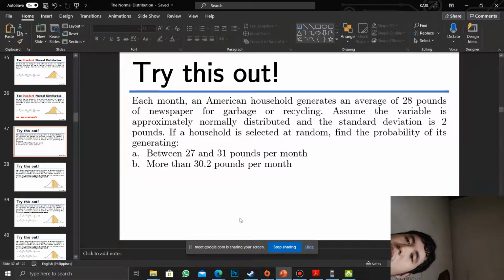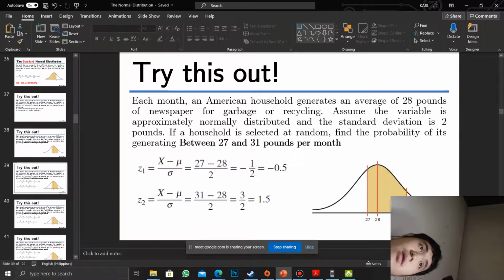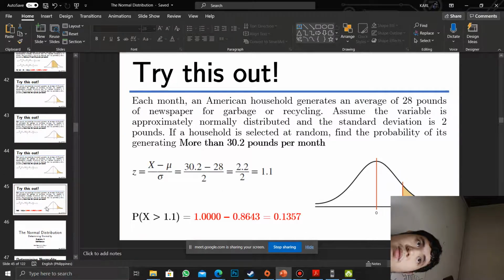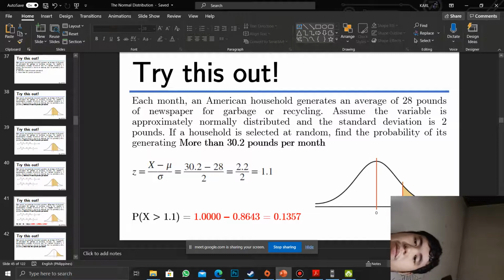PM nyo ako. Okay. Julian, double check mo na yung letter A mo, no? Baka nagkamali ka na ng pindot. Pero your answer is near. Dapat 0.6247.